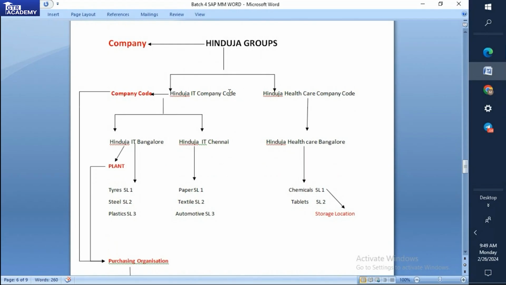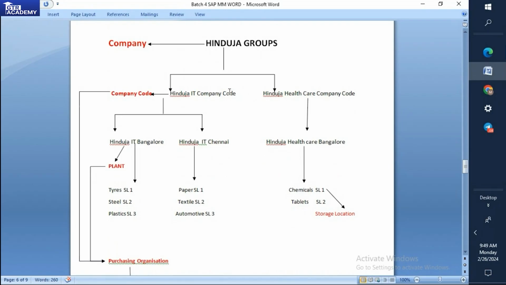It is the smallest unit in the organization for which a complete, independent set of accounts can be replicated. Both company codes maintain their separate accounts, separate profits, and separate losses. Suppose they maintained only one company code, they couldn't differentiate, right?